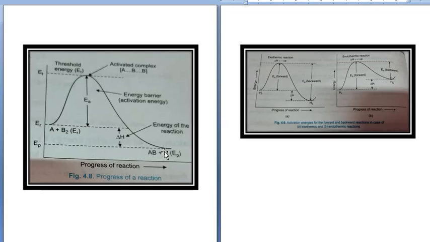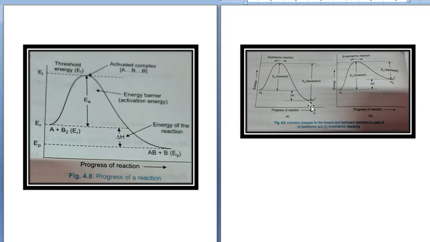This first graph is for exothermic reaction. For the forward reaction, this was the energy of reactants, this is the threshold energy, so this is the activation energy of forward reaction, and this is forming the products over here.